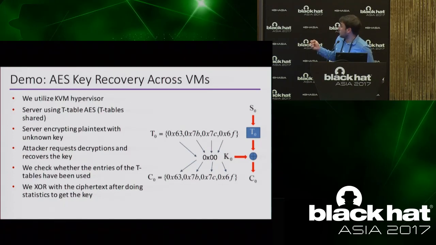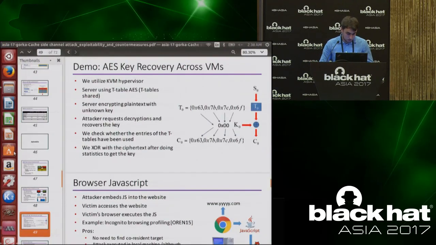The problem is that each cache line holds more than one table entry, so you cannot recover that fine-grained information. But if you run statistics, you will see that for certain ciphertext byte values, some table entries will be used substantially more frequently than others. That's what we exploit for the attack.